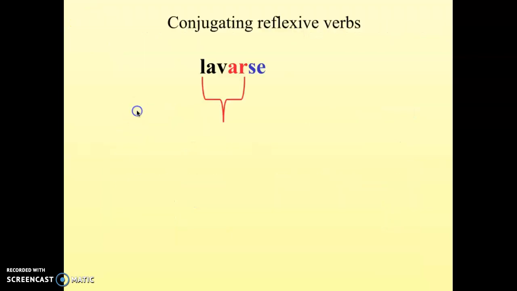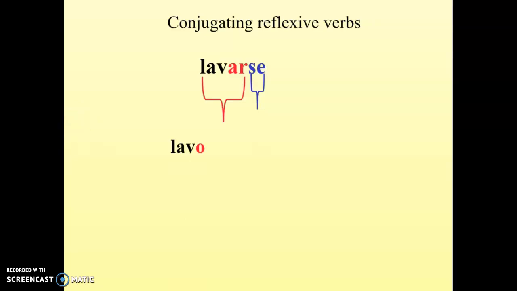All right, so how do we conjugate reflexive verbs? Let's take a look at this verb, lavarse. Lavarse means to wash yourself. Lavar is the infinitive verb. It's an AR verb. Se is the reflexive pronoun of that verb. We're going to take the verb, an AR verb.